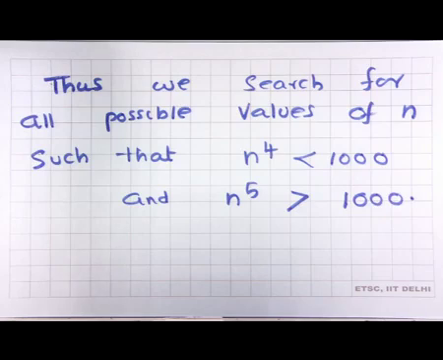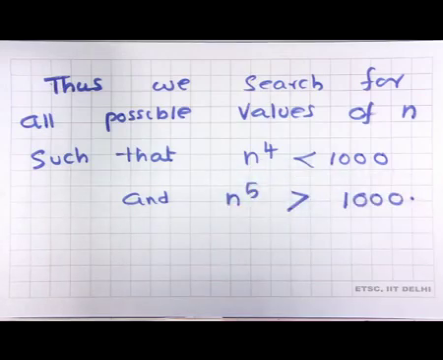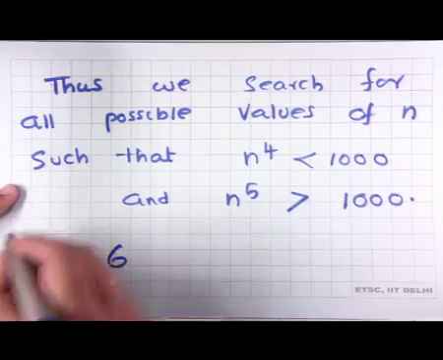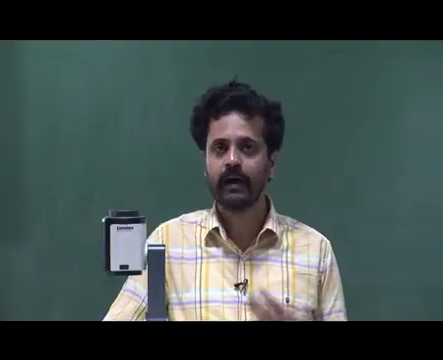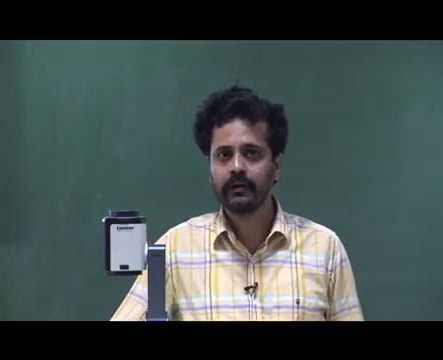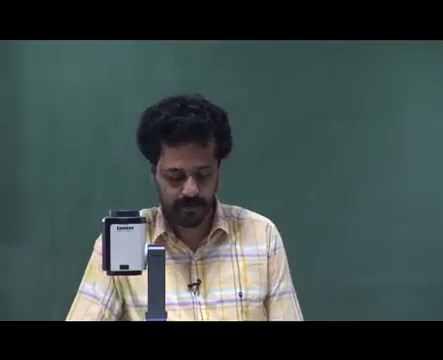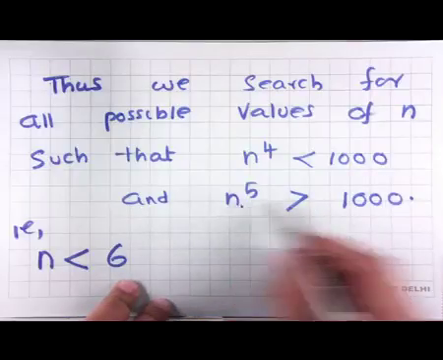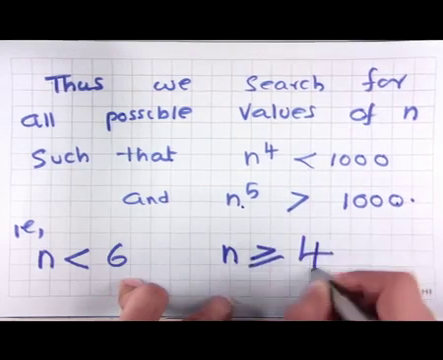It is not hard to see that n power 4 is less than 1000 if n is less than 6. You can think of fourth powers of 1, 2, 3, 4 and 5, which are all less than 1000. And it is not hard to see that fifth power is greater than 1000 only if n is greater than or equal to 4.